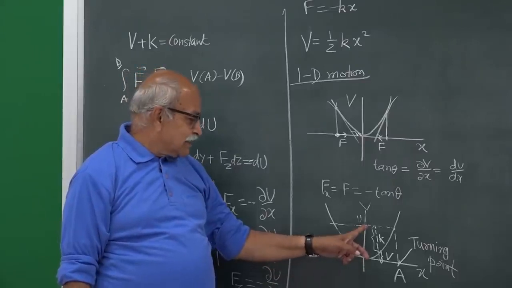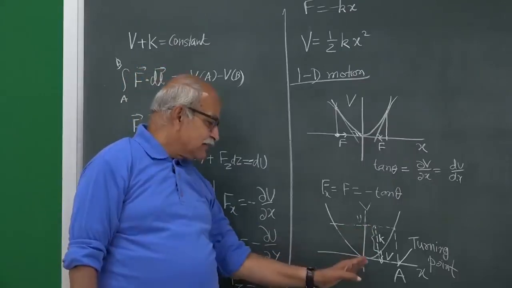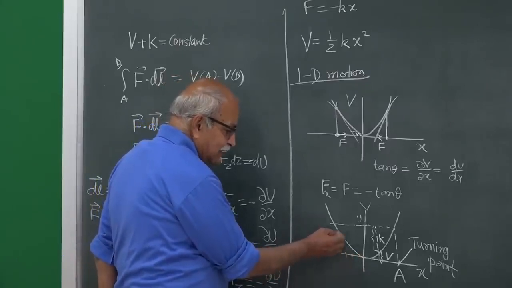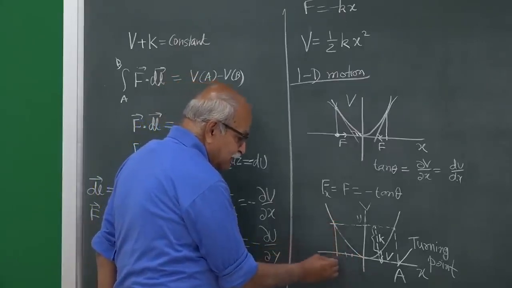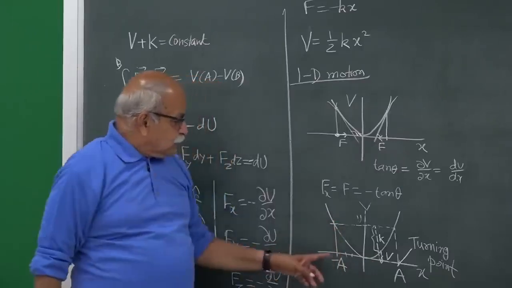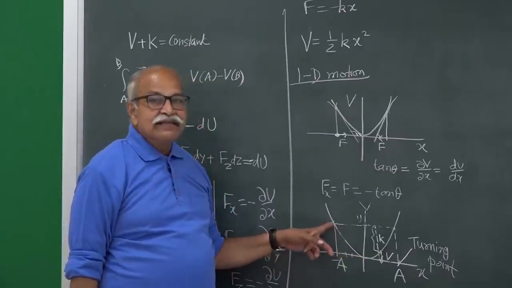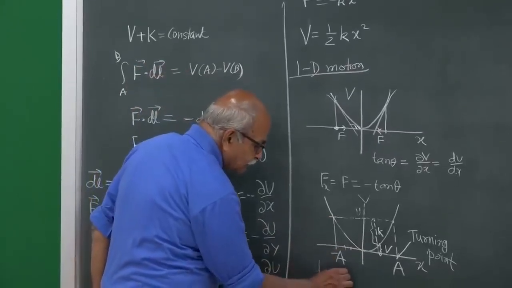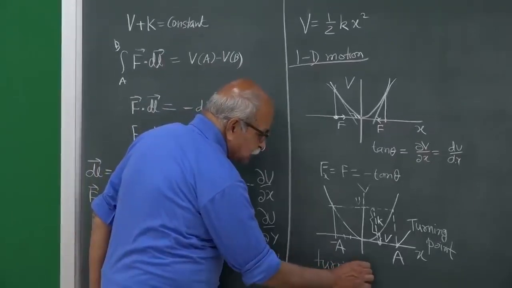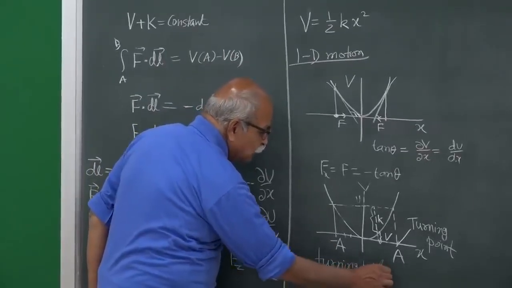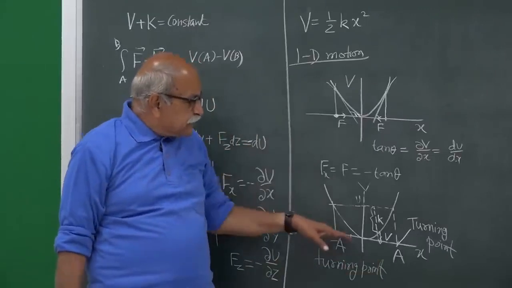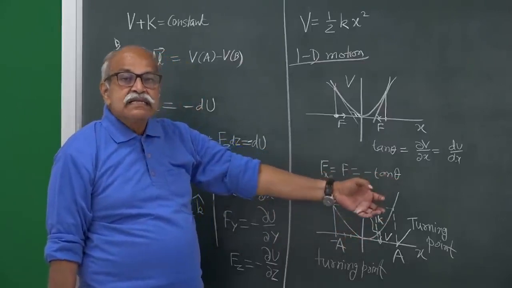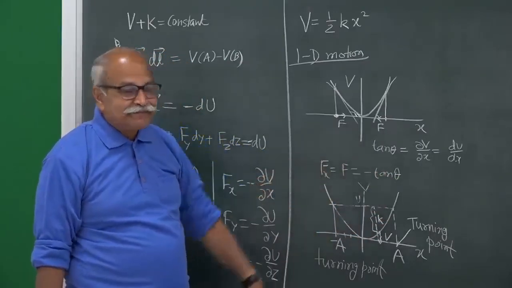But then since it has kinetic energy, it keeps moving towards left, it reaches somewhere here, then somewhere here, and finally, at this place which is minus a, once again the kinetic energy is 0. So, this is also a turning point. These kinds of analysis you can do once you know the shape of this potential energy curve. Many of the qualitative features of the motion you can derive from this.